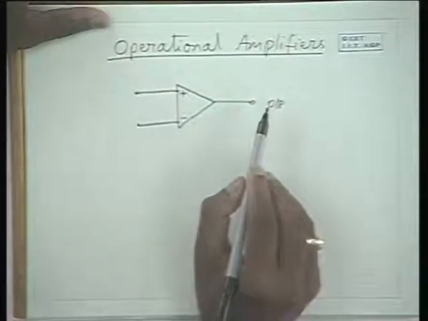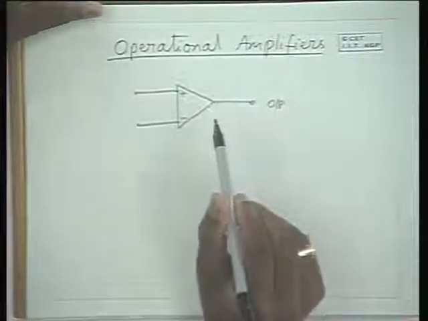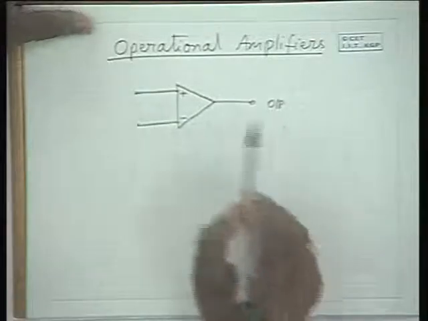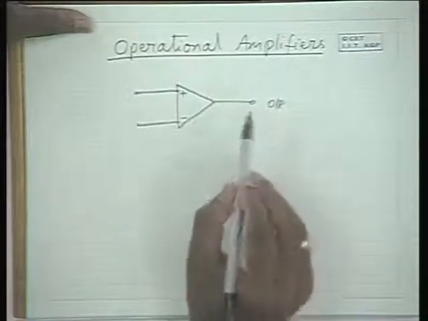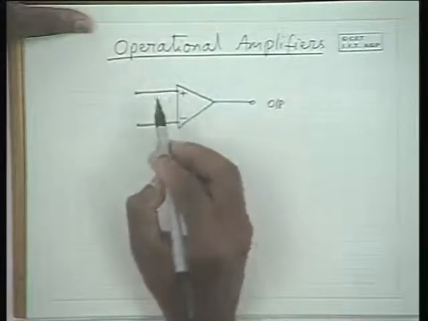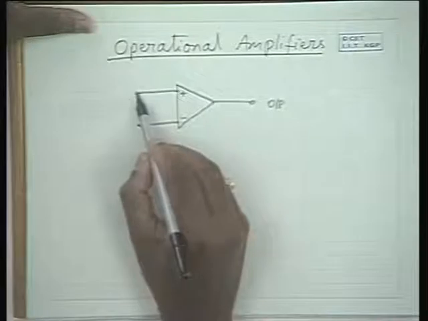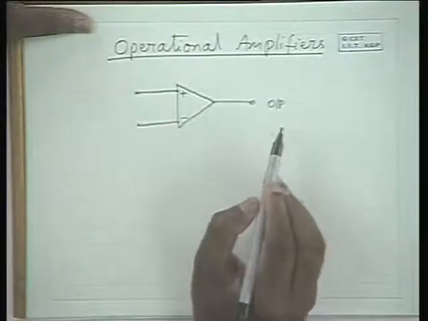It is a differential amplifier to start with because it has two inputs and it amplifies the differential signal between both the input points.